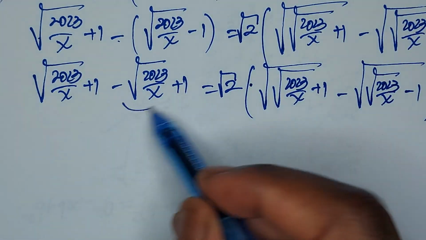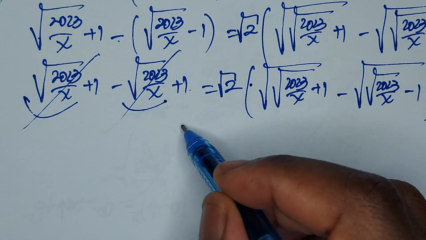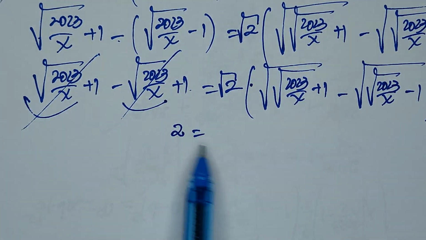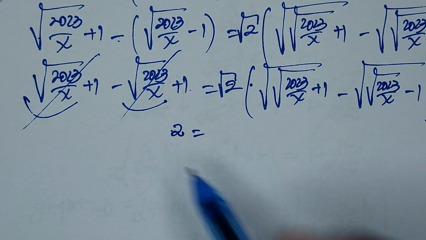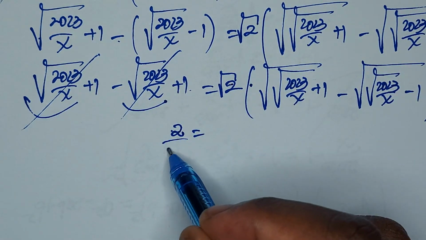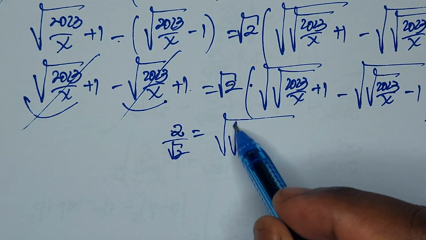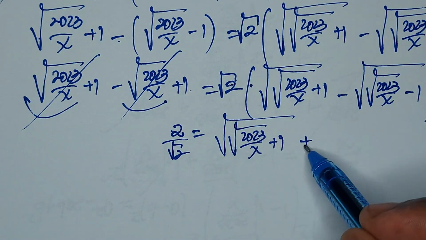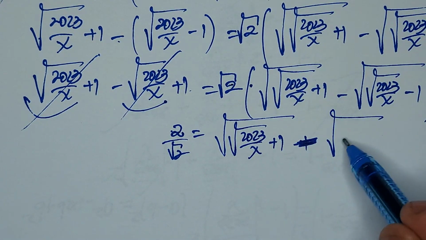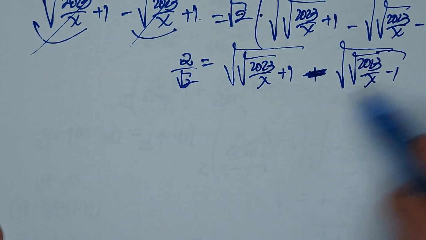Now we have this 0, and we have 2 here, so 2 equals this. So I don't want to repeat this, so I'm going to have 2 divided by the square root of 2 equals the square root of 2023 over x plus 1 minus the square root of 2023 over x minus 1.